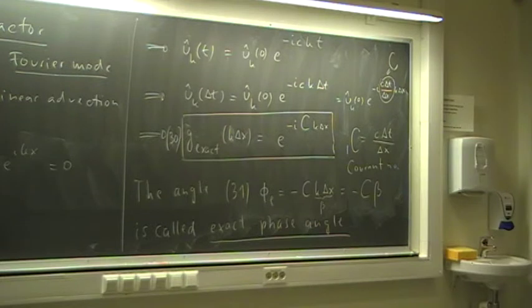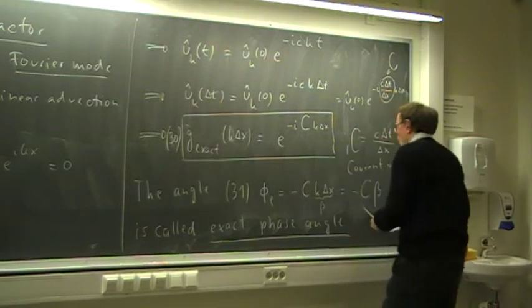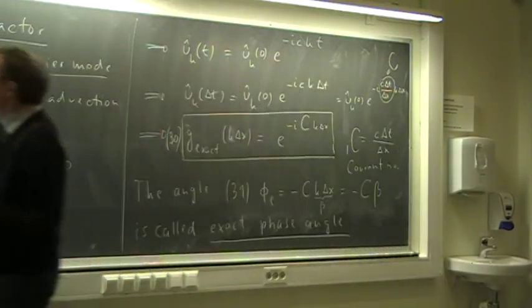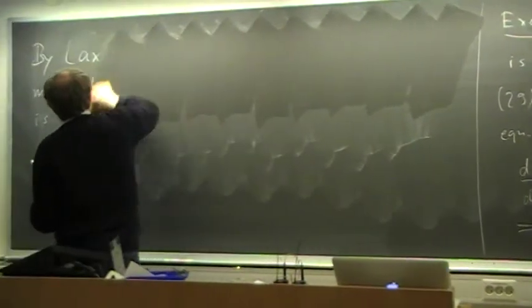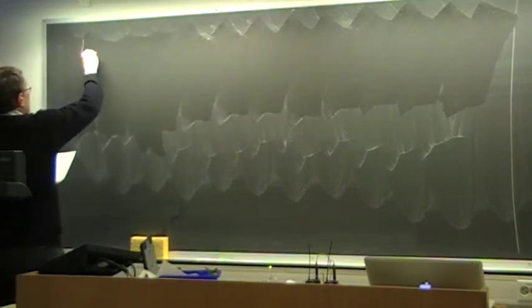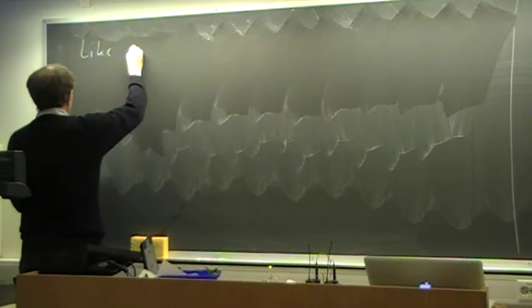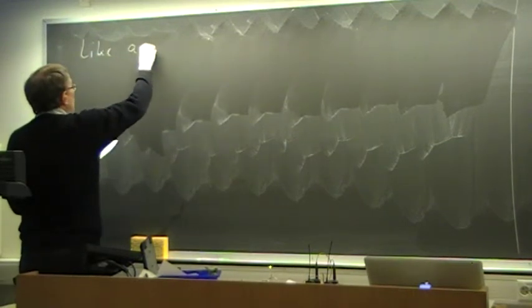So let's see. Now we use a representation that we can have for any complex number.